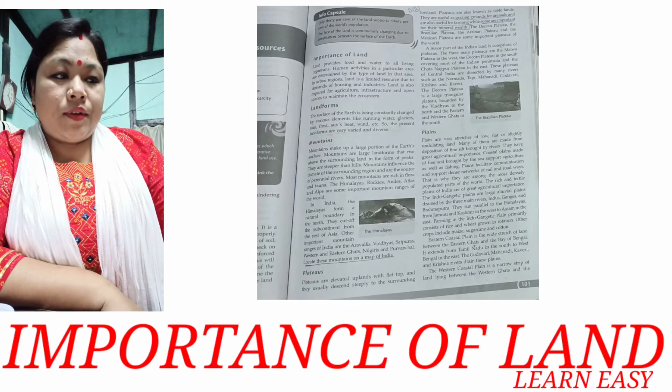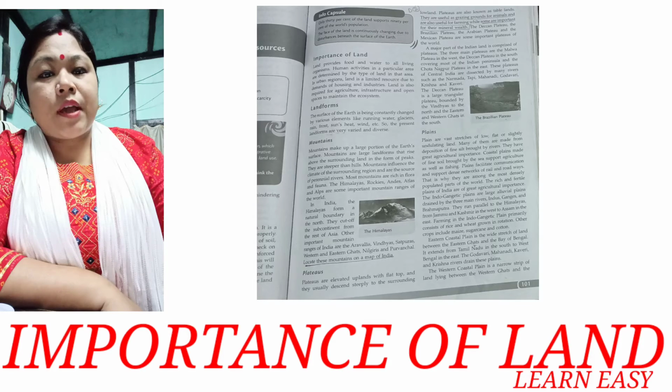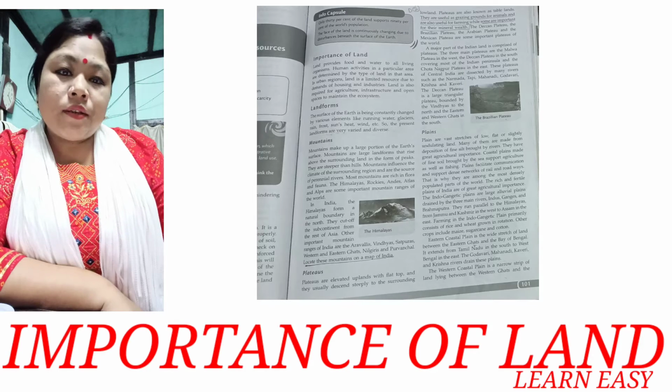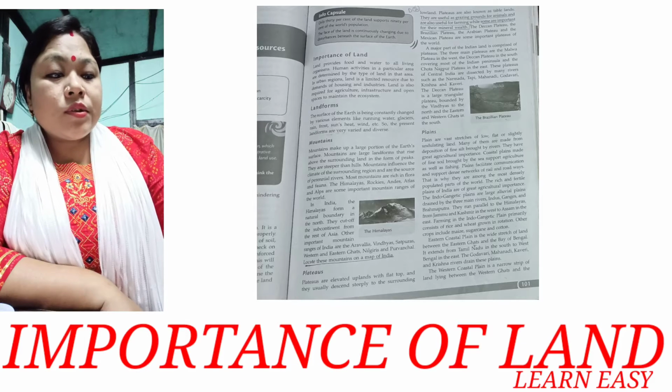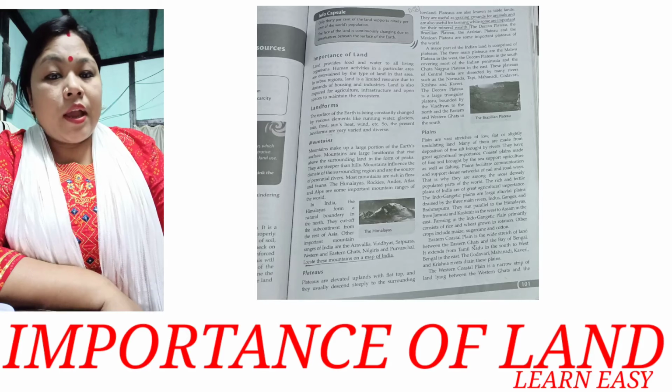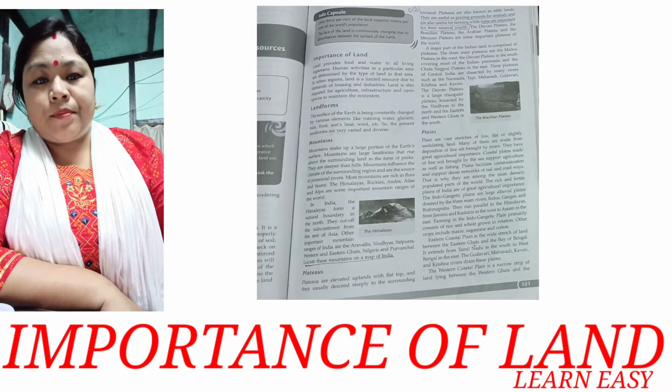Even human activities in a particular area are also determined by the type of land of that area. Land is used for housing, industry. It is also needed for agriculture and other infrastructure, as well as for open space for the ecosystem.